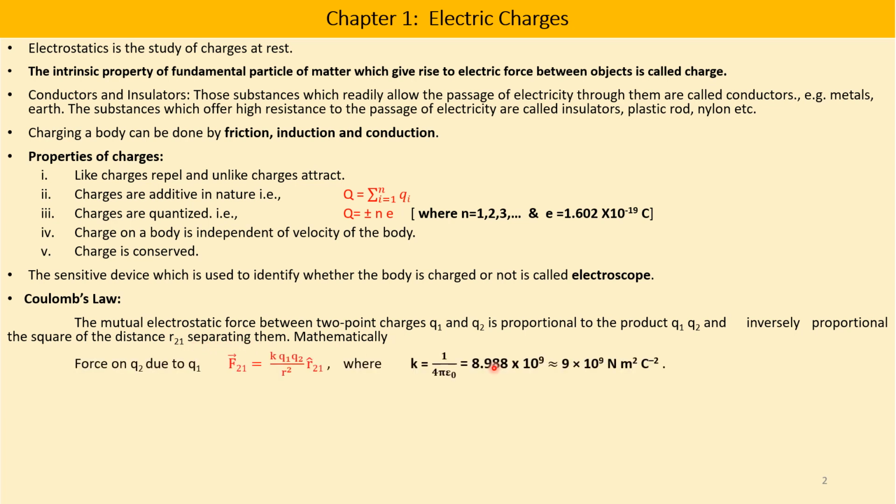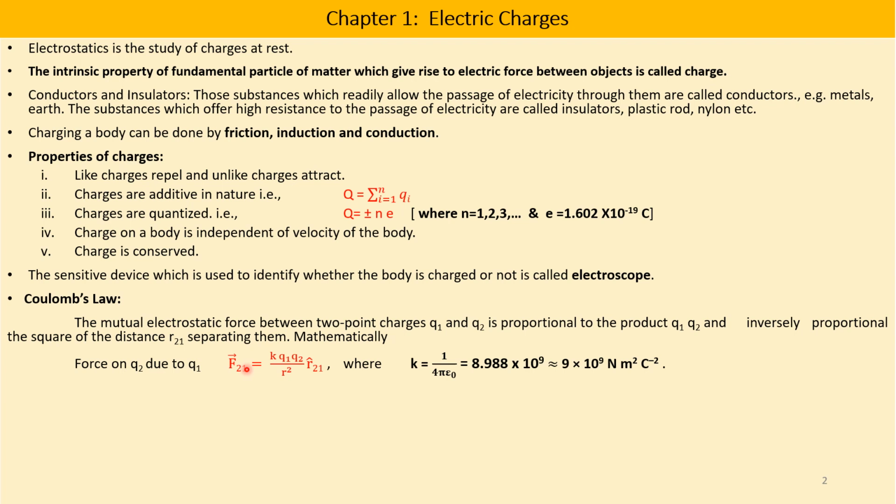Mathematically, it is written as the force on Q2 due to Q1, and it is a vector: vector F21 is equal to K into Q1 Q2 divided by r square into r21 hat. In this formula, please listen carefully.